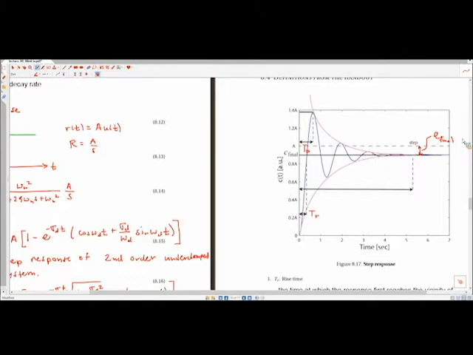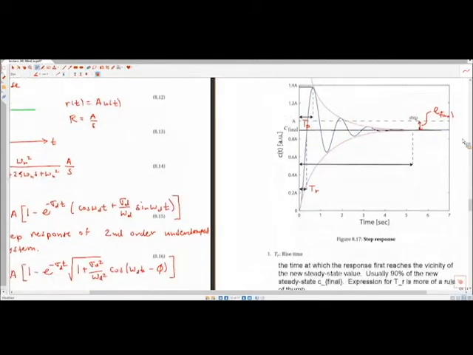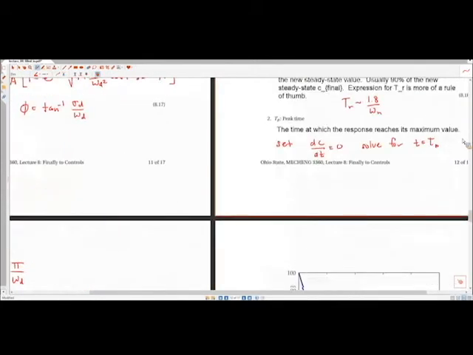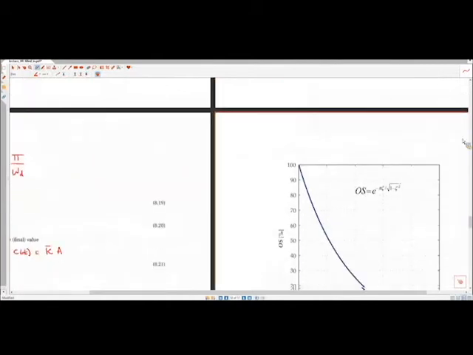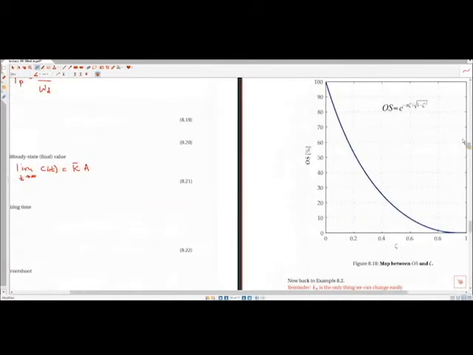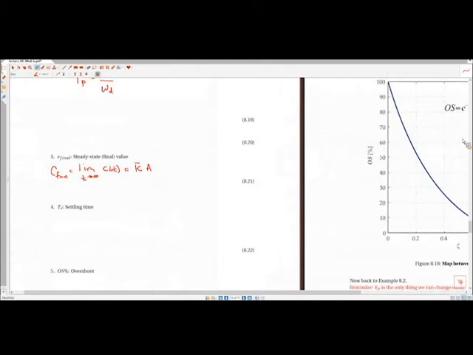All right, so the way in which we would draw this on the plot is we would look at the step response. We would draw some bounds about this response and say, all right, here is plus or minus 2% of C final.